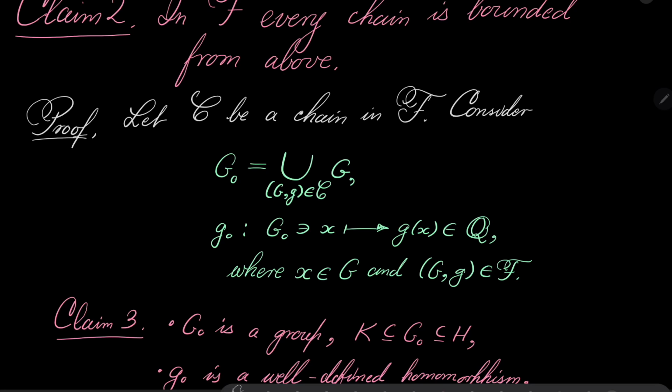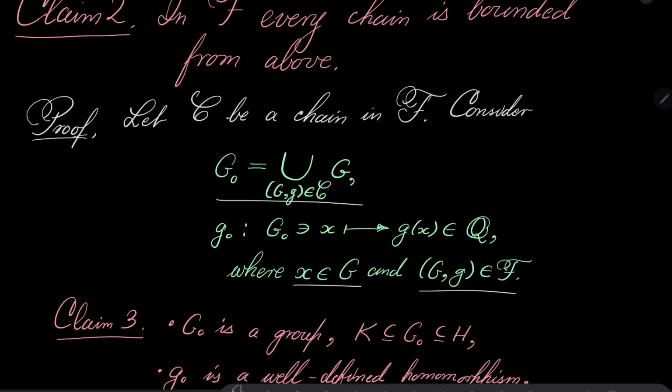And for this chain, let G0 be the sum of all subgroups G, where G are in our chain, and let g0 be a mapping which takes some element x of this set G0 into g(x), where x is in some subgroup in our chain, and this pair (G, g) is in our family.